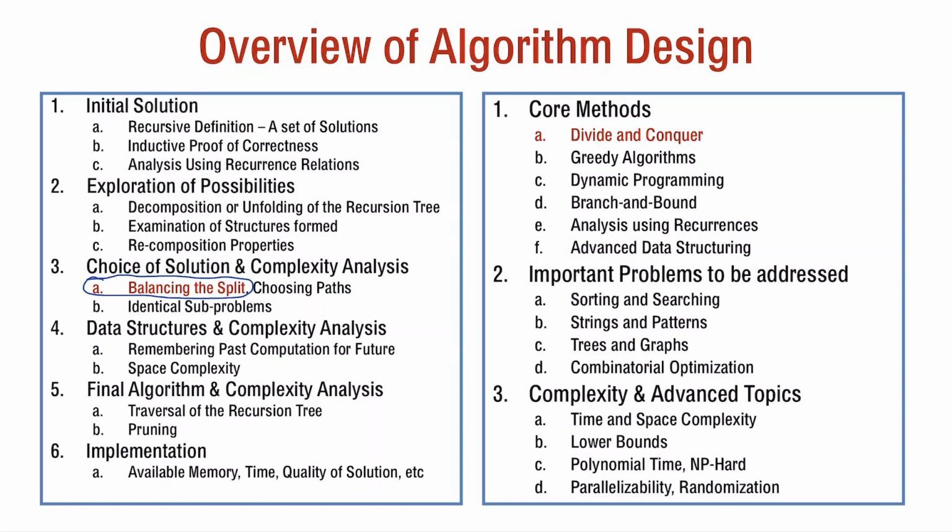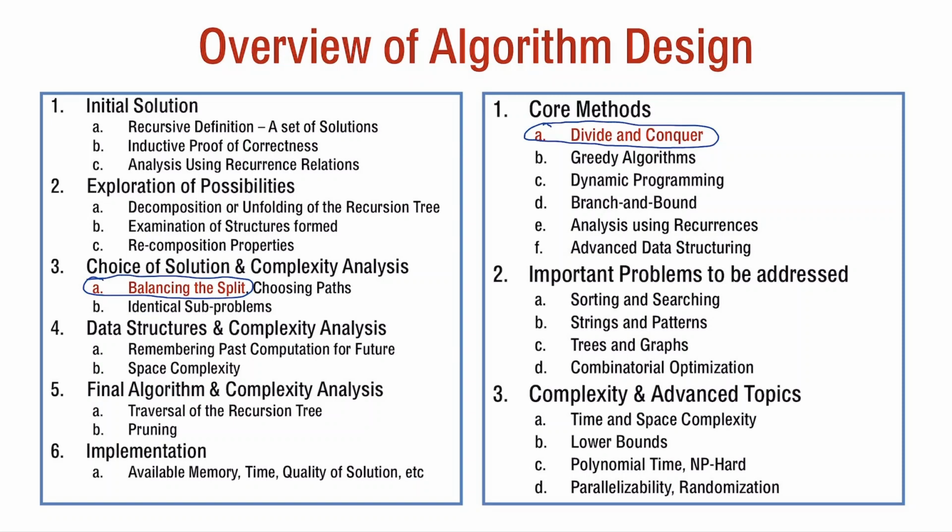And this balancing of the split leads to the typical standard divide and conquer algorithm, while, as we discussed earlier, the overall process is an integrated process which involves all the techniques that are there to obtain the final algorithm.